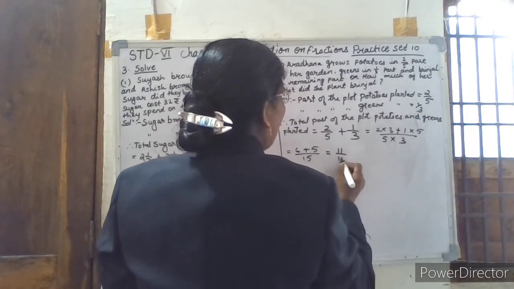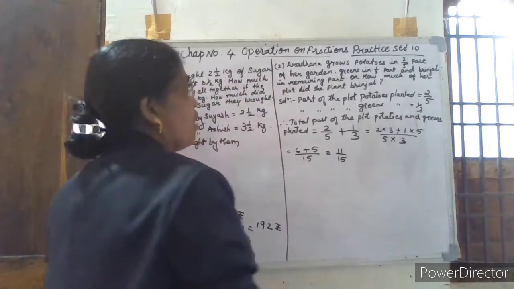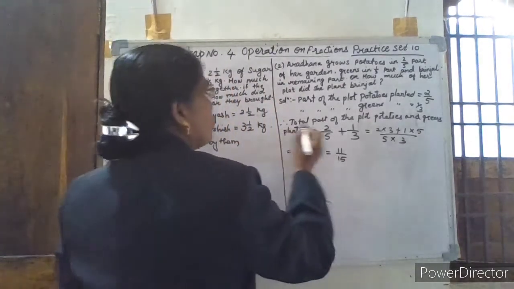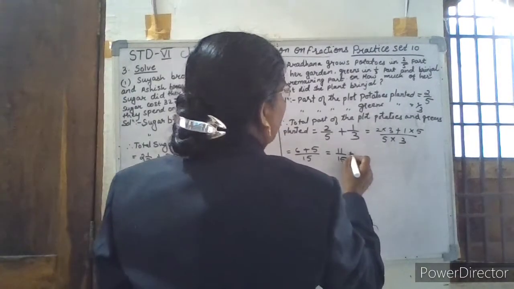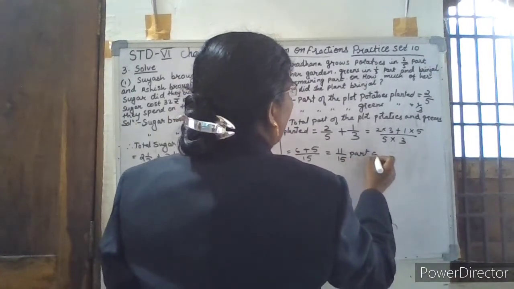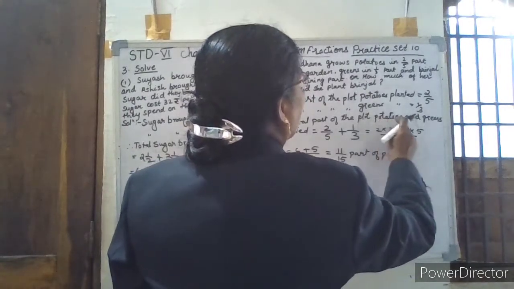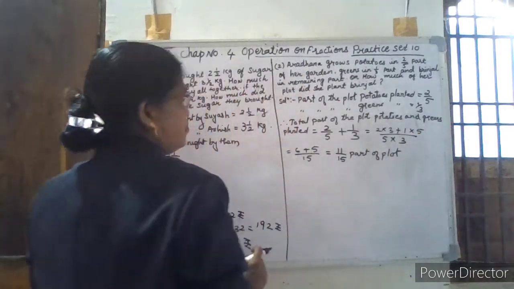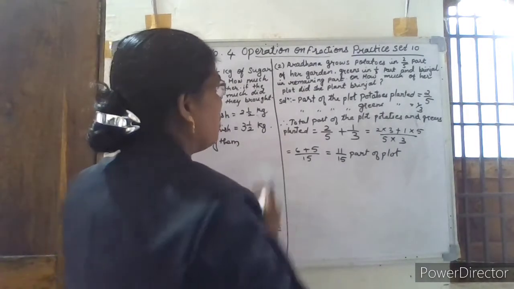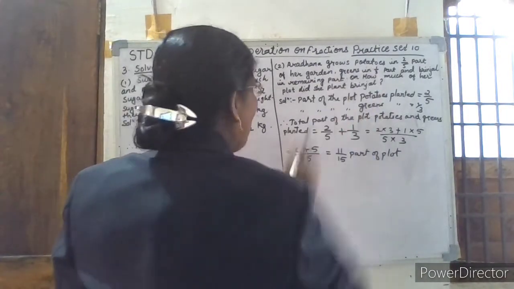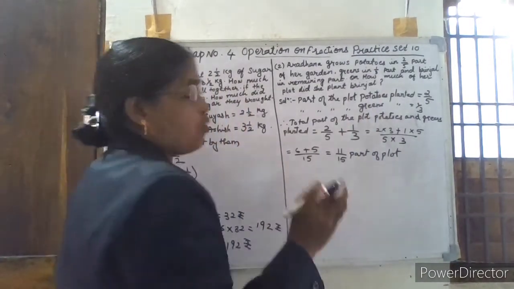So this much part of the plot, potatoes and greens, is planted. Now in the remaining part brinjal is planted. So we have to find out what part of the plot brinjal is planted.